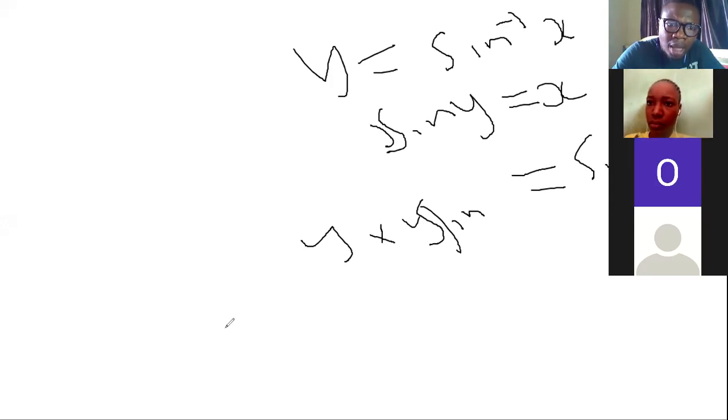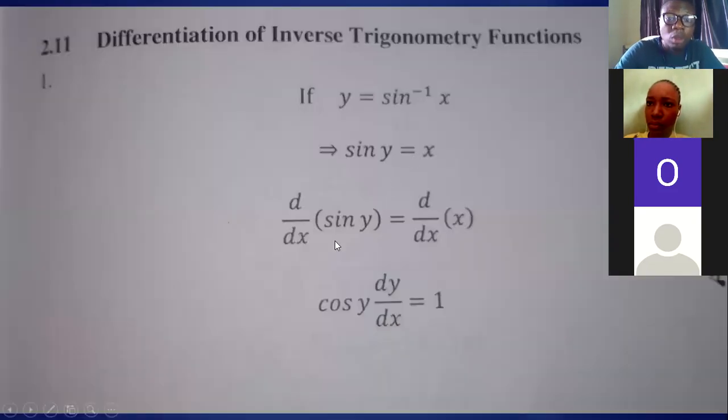Very good. All right. So now let's quickly return back to our slide. So that was how we got this. Now you should understand the idea of our differentiation before. You got previous examples, right? Yes. So you have your d dx of sine y, then your d dx of x. Now I told you that the reason this one turns to 1 is because dx divided by dx, dx cancels dx, so you have your 1. Now when you differentiate sine y, what will it give you?